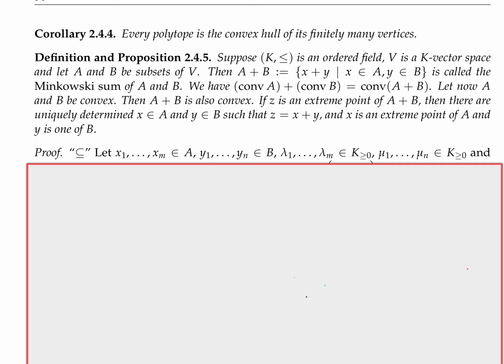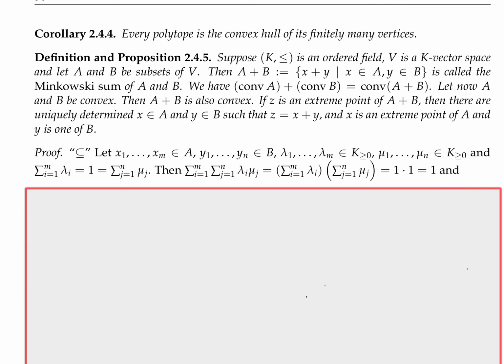So when I take something in the convex hull of A, I take finitely many points of A and non-negative coefficients from a field K, which sum up to 1, and I do the same thing for B, right?